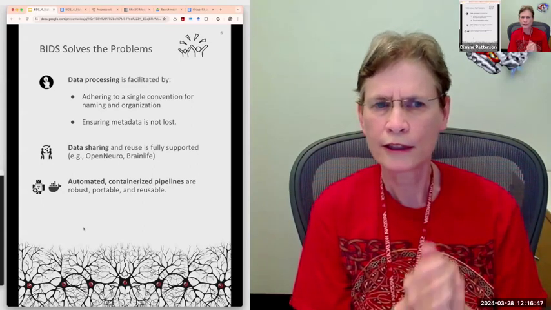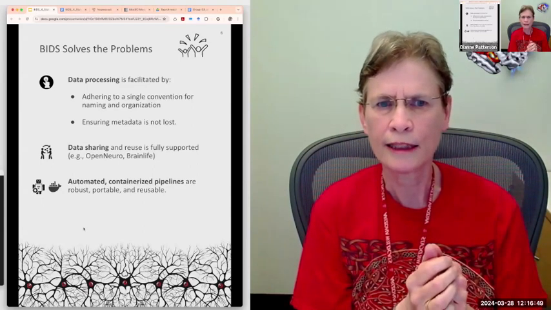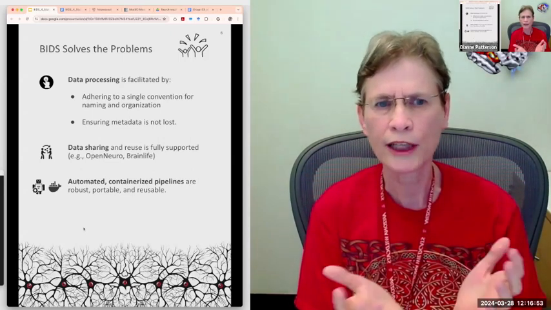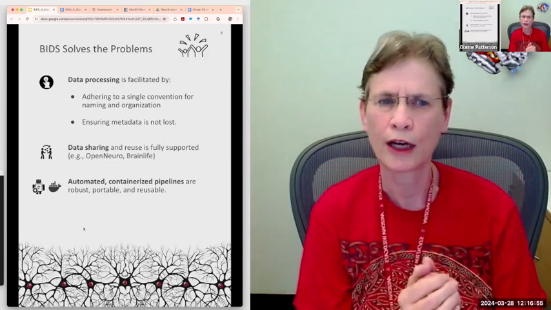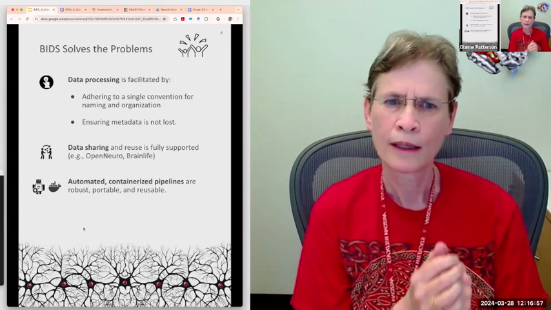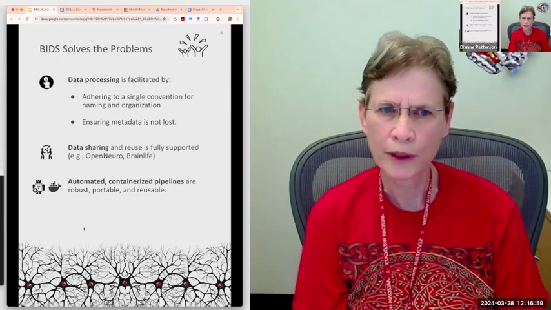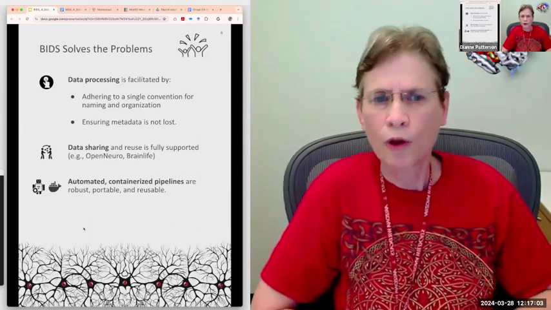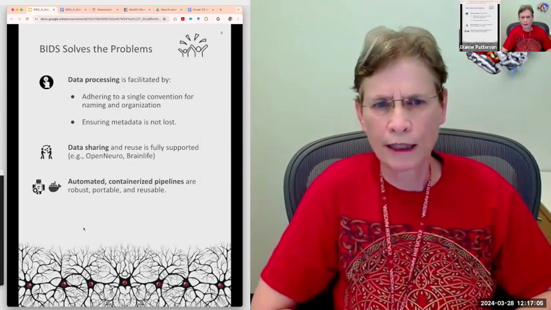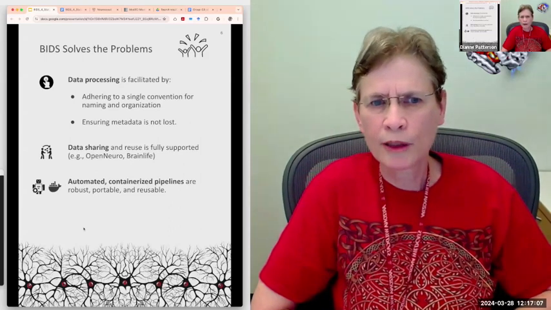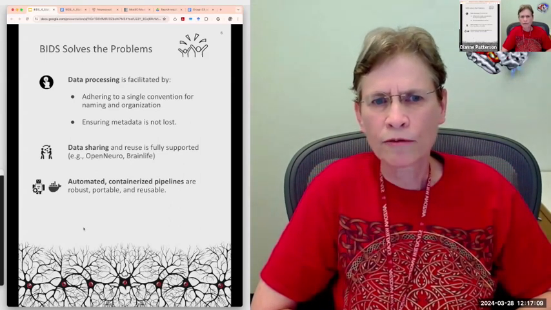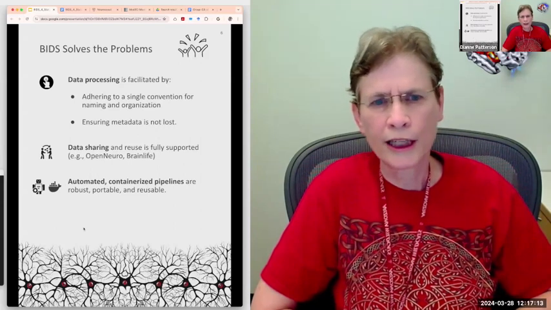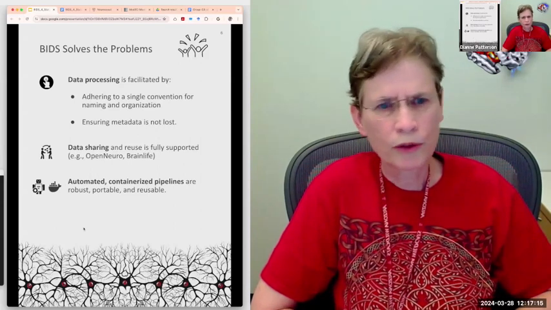So once you've got your data in BIDS, you can easily try different apps and compare results because all the apps understand the same unified protocol. The automated containerized pipelines are really robust and portable and reusable. So all the BIDS apps, and I'll talk about some of them, have similar command lines and can run on all major operating systems and in the cloud and on your HPC, so portable and reusable.